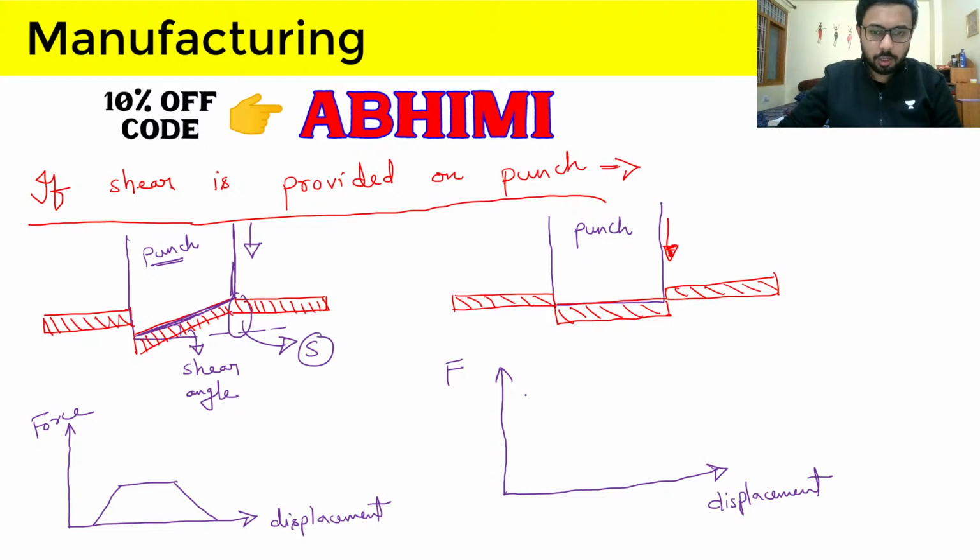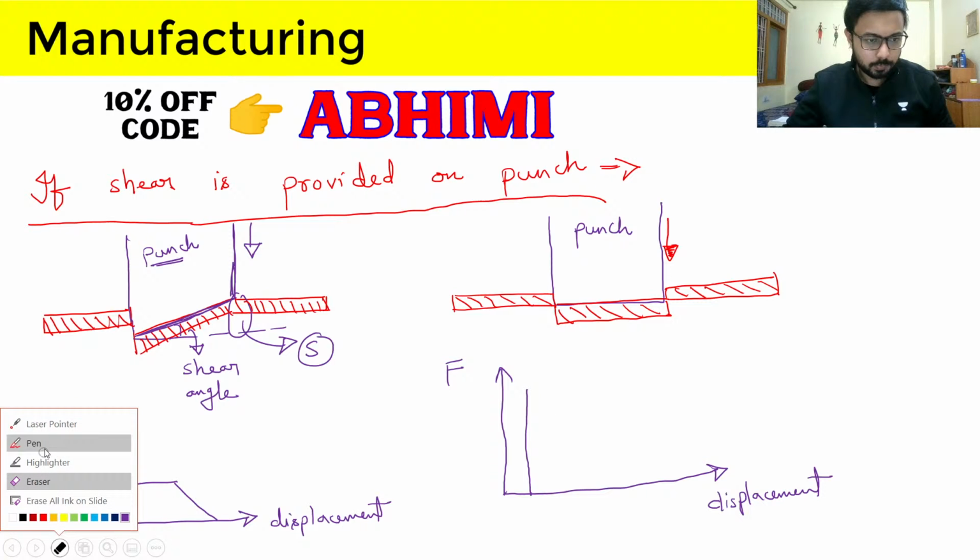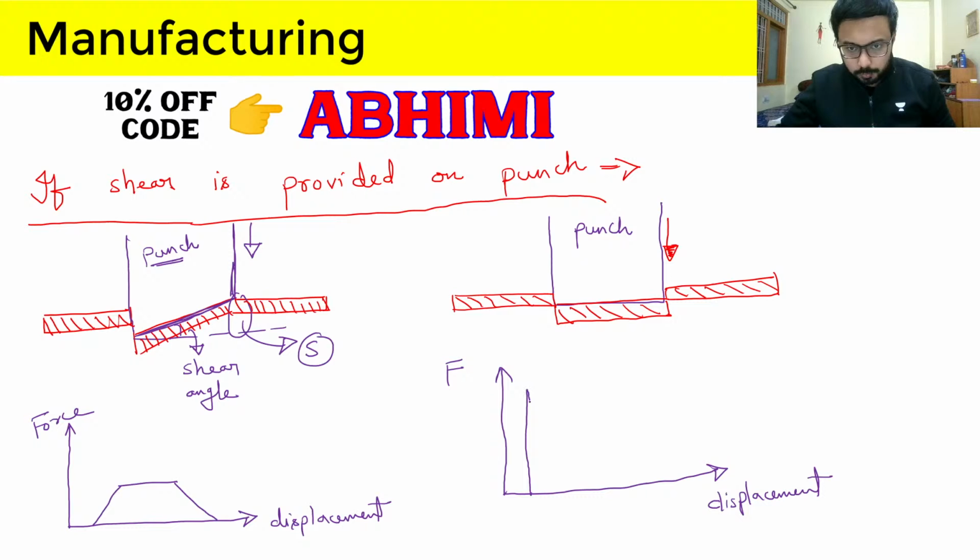When the punch comes in contact with your workpiece, the maximum force will be reached suddenly, and then it will reduce as the punch moves forwards. So overall this is what your force versus displacement graph will look like.